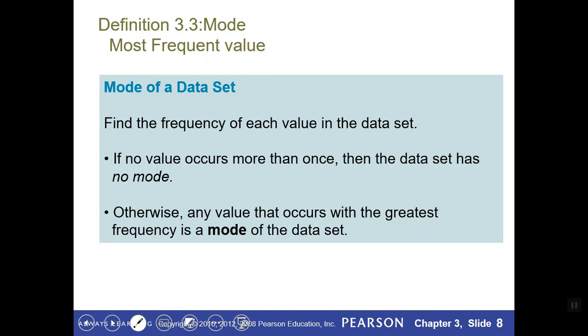Find the frequency of each value in the data set, then we can decide: the highest frequency goes to the mode. If no value occurs more than once, then in that particular data set there is no mode. Otherwise, the value that occurs with the greatest frequency is the mode of that data set. There can be one mode in the data set, two modes or many. If I have the most frequent values for two values, then those two values are the modes.